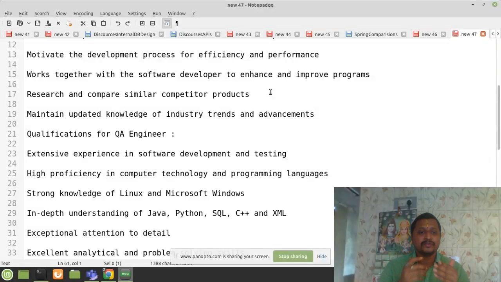And also he must have exceptional attention to detail. It is a very important qualification for a QA engineer, because exceptional attention means attention to the expectations of a user's point of view, a requirement, or a manager.